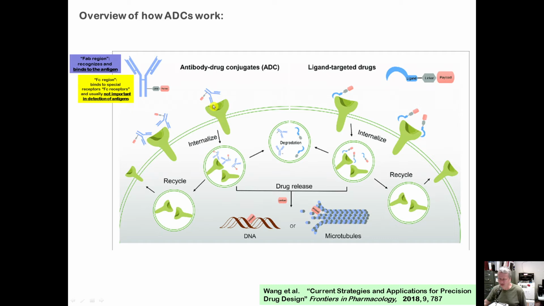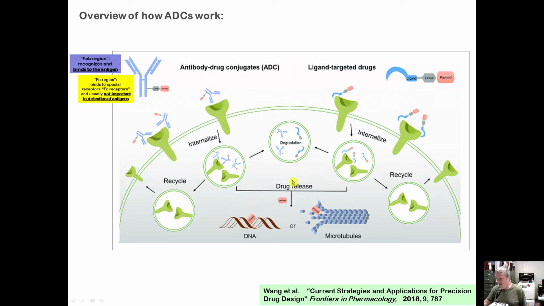It actually binds, and then the idea is that the bound complex internalizes into the cell, and then falls apart, and the cell surface protein gets recycled and exported out to the cell surface again, and it repeats the process. But then the antibody drug conjugate somehow gets degraded, maybe cleaved, maybe a cathepsin protease helps out.